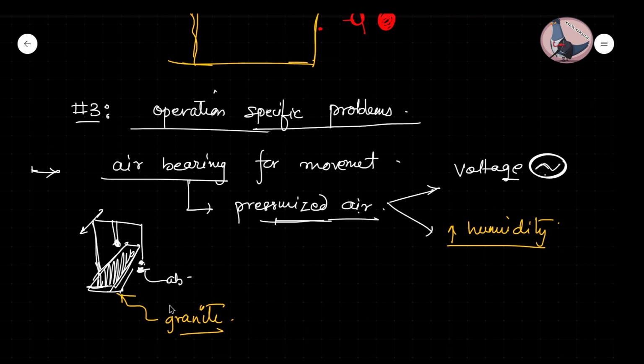This is granite. In the presence of humidity, this granite will swell up, and that swelling will cause a change in dimension, and then the change in dimension will cause a difference in measurement. So this air, whatever is being pumped in, has to be dehumidified before it is transmitted.